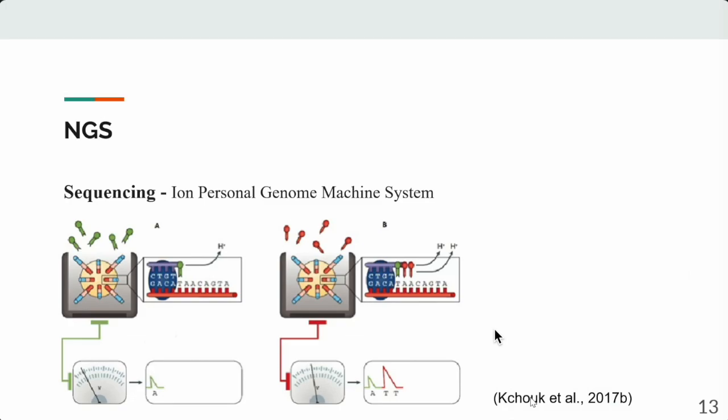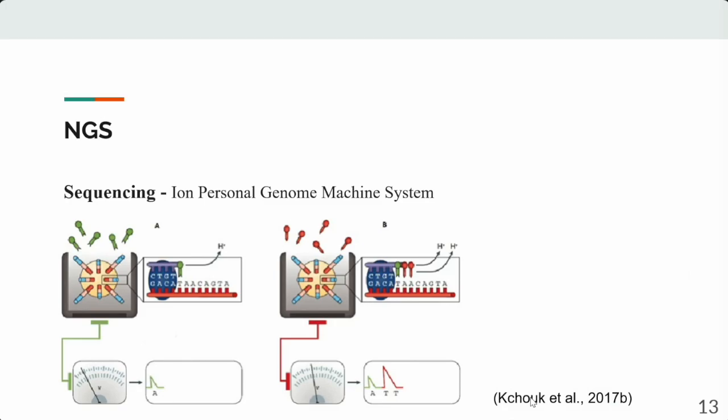During sequencing, the PGM system floods the chip with one of the four nucleotides, A, T, C, or G. When a nucleotide is incorporated into the growing DNA strand, a hydrogen ion is released. This release causes a change in pH, which the semiconductor sensor will detect.